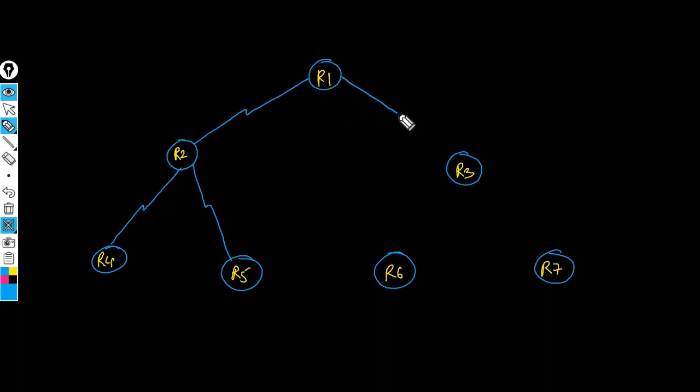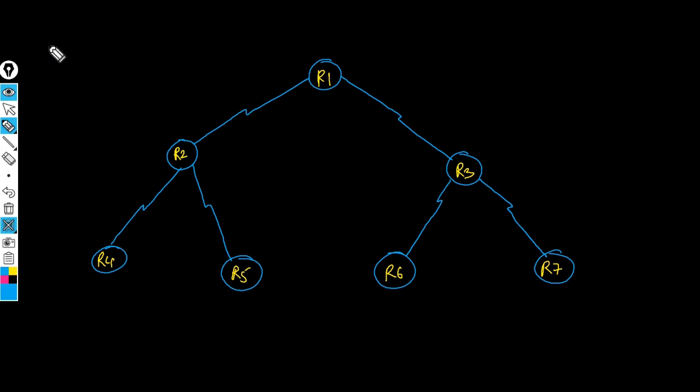Consider this is router 1, router 2, router 3, router 4, 5, 6 and 7. All the routers are connected to each other like this.